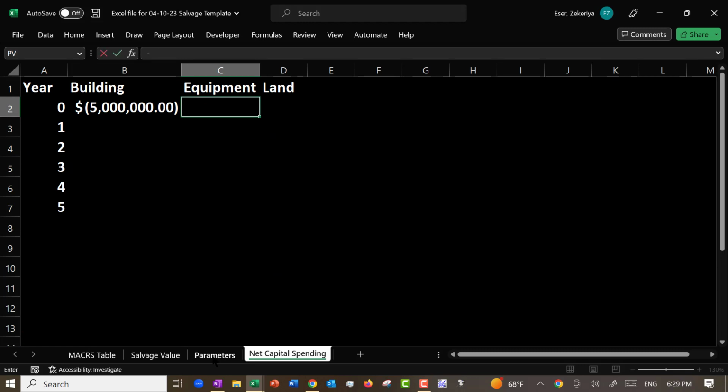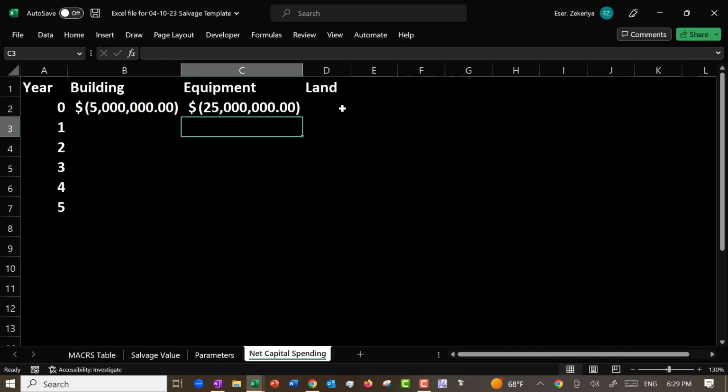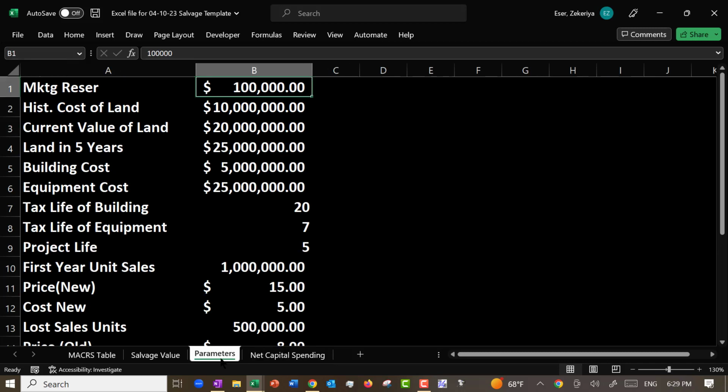How about land? Should I put anything in there? Firm already owns the land. No, it has not. This question has nothing to do with depreciation. I'm trying to figure out period 0 capital spending. Okay.